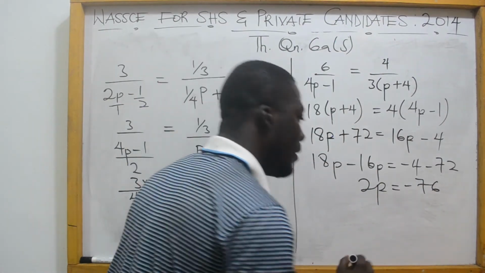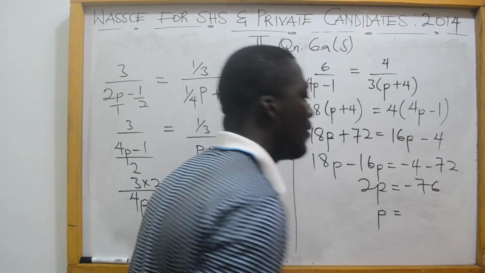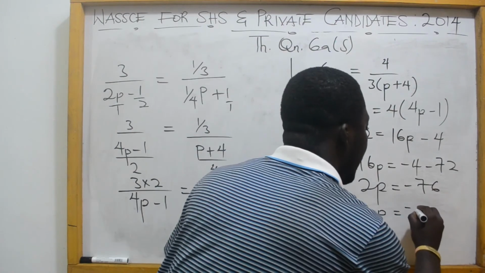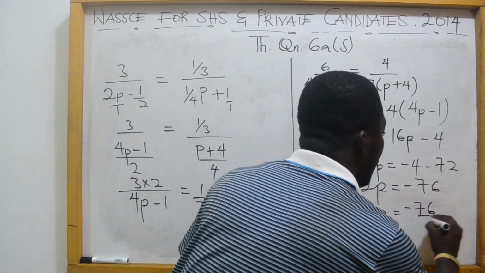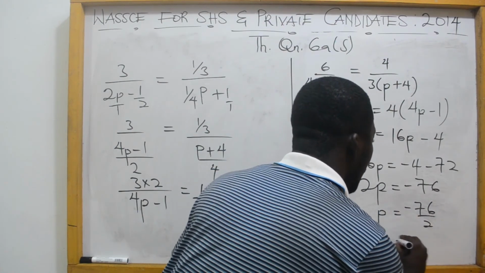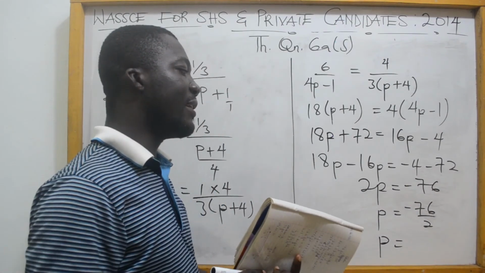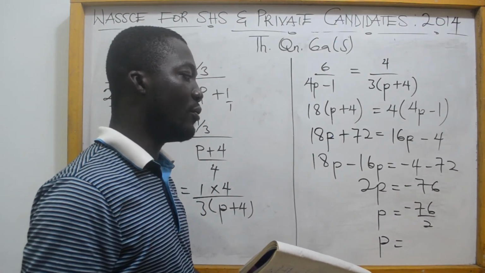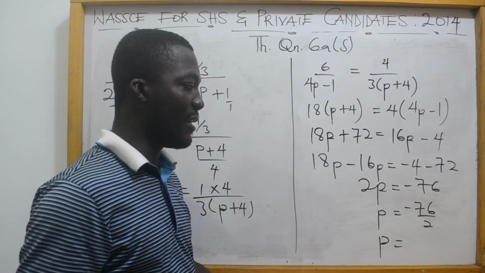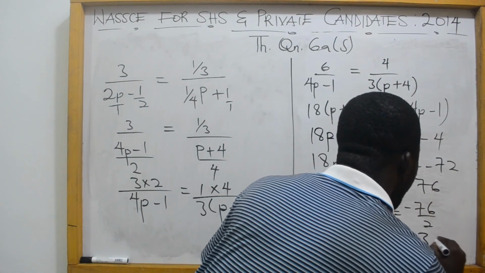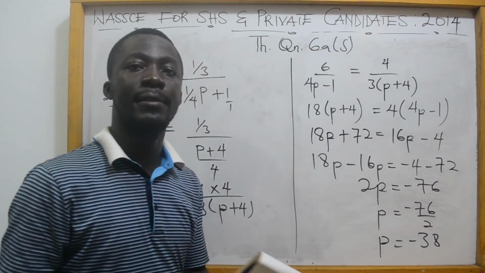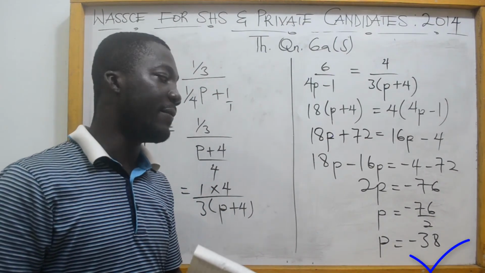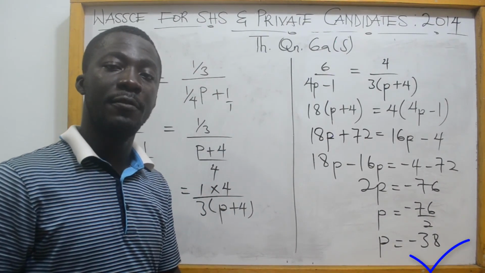So to find p, you divide both sides by 2. And negative 76 divided by 2 is negative 38. And that is the final value for p.